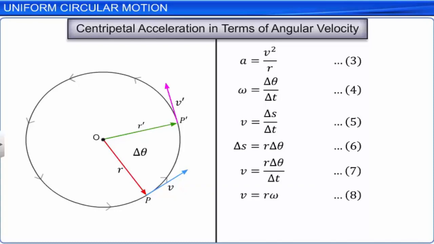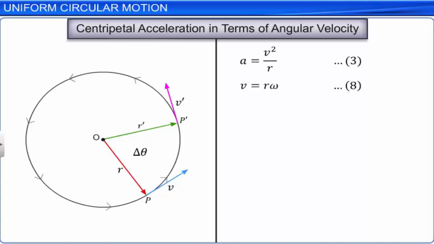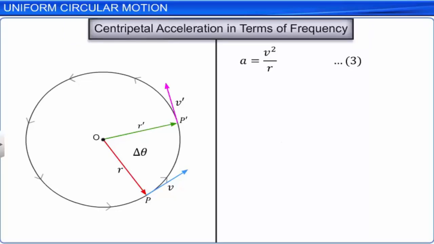Now let us find the centripetal acceleration in terms of frequency. Time taken to make one revolution, that is, time period, is T. Frequency, f, is the number of revolutions in 1 second.